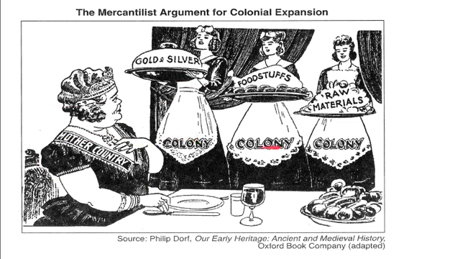The colonies provide materials, food, gold, and silver, and the mother country sits down at a banquet and gets to eat all this good stuff and expand bigger and bigger, while the colonies are fully dependent on the mother country, which is taking advantage of or abusing them.